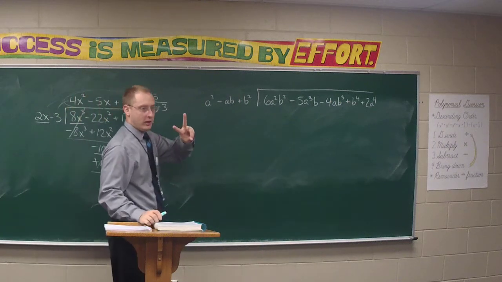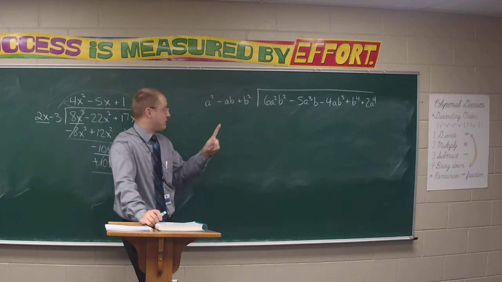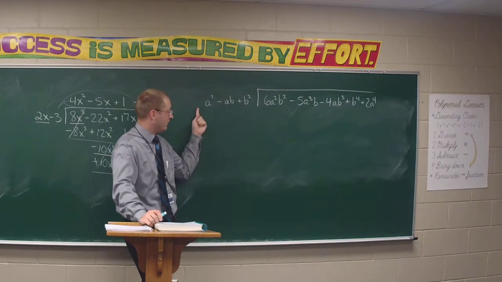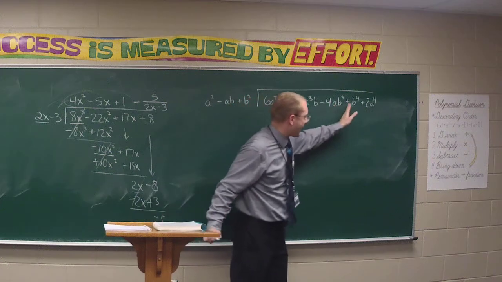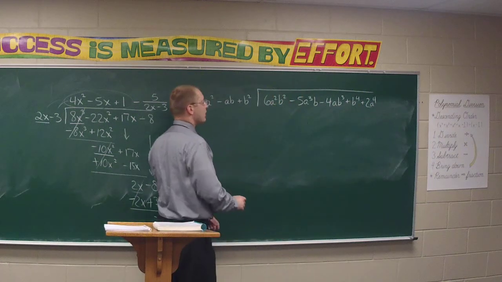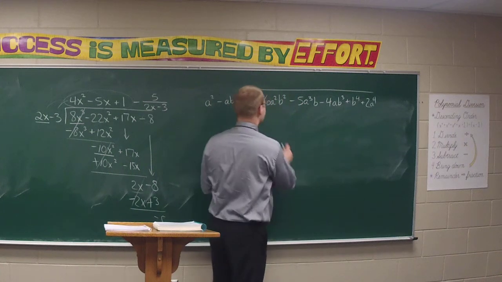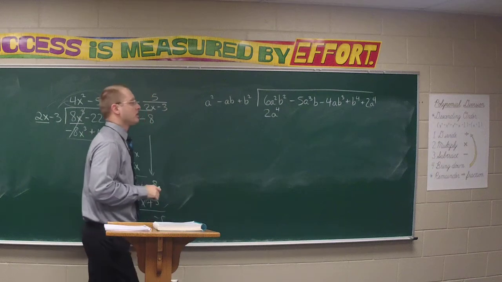Now notice there's 2 letters, A and B. One of them will descend. It's your choice. But notice, A squared, first, gone. Since the A already descends here, let's make the A descend. Which of these terms has the highest power of A, class? The 2a to the fourth. So that's what you should write in the first spot of your dividend.